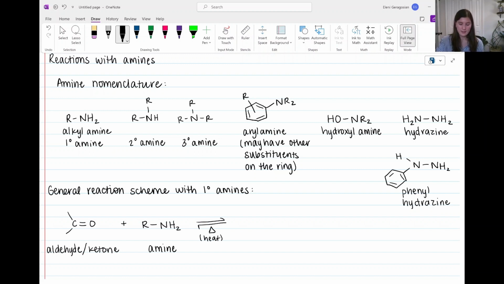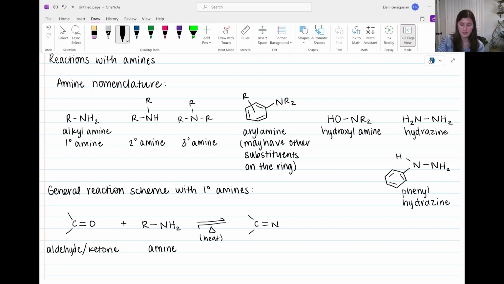And then the product of this reaction, we still have the carbonyl carbon bonded to whatever it's bonded to besides the oxygen. So the other two groups. It now has a double bond to the nitrogen.